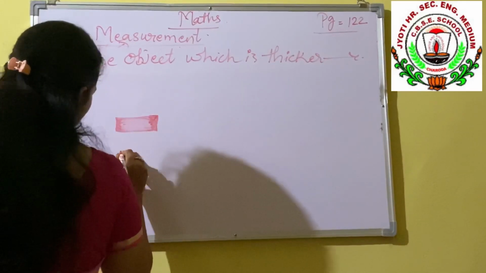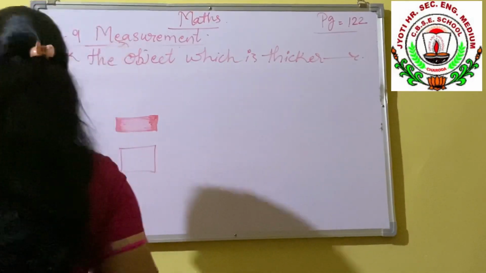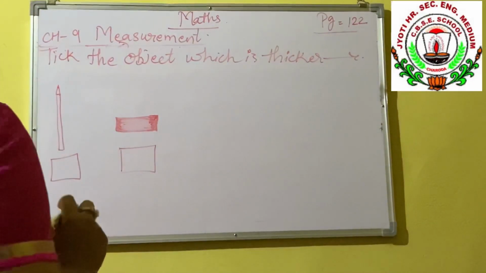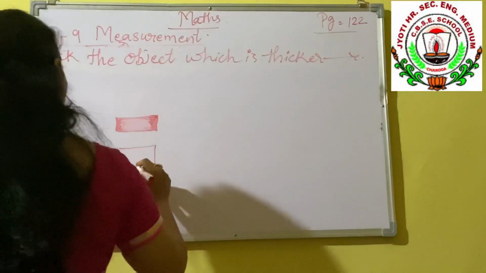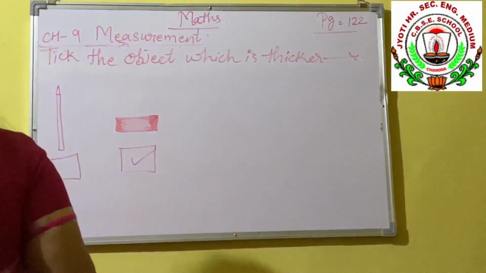So कौन सा थिक है और कौन सा थिन है स्टूडेंट? पेंसिल पतला है एंड रबर चौड़ा है. So we will take over here this, like this.